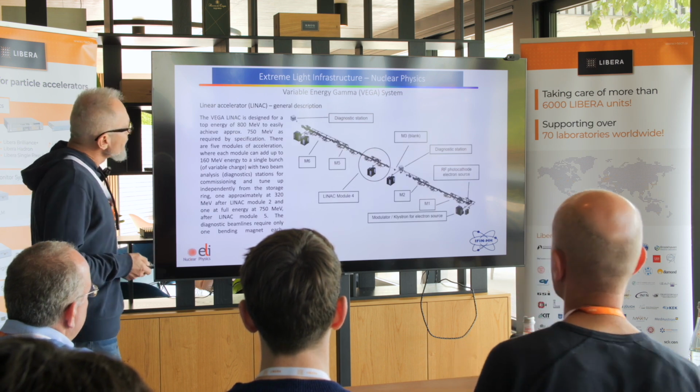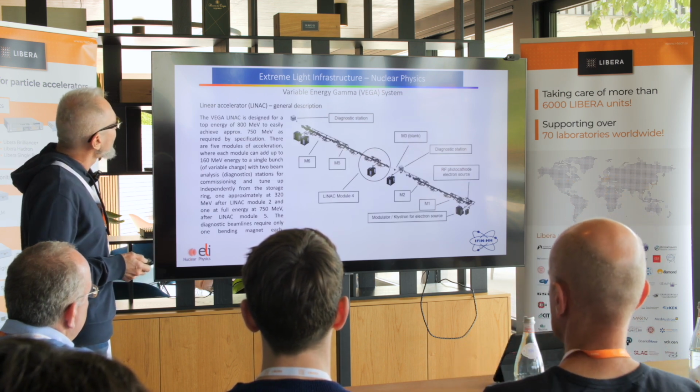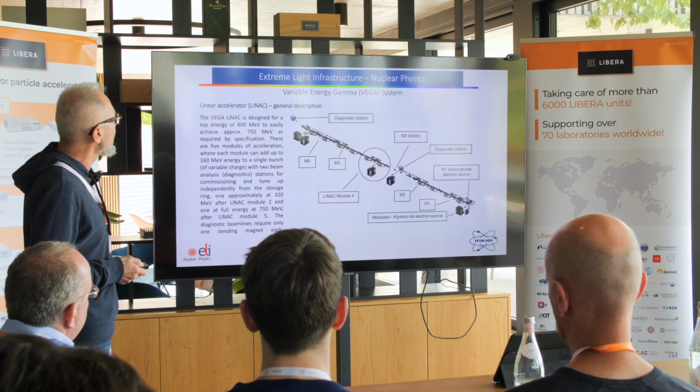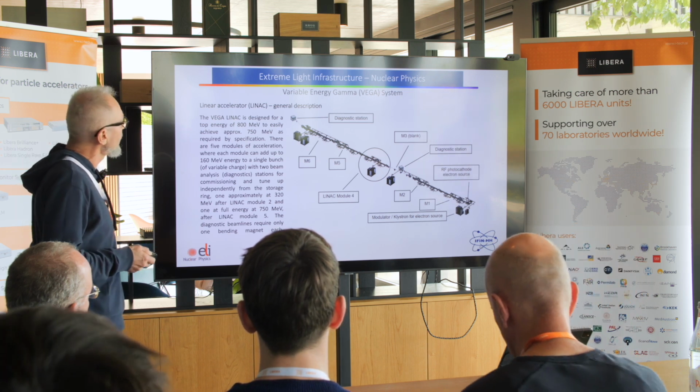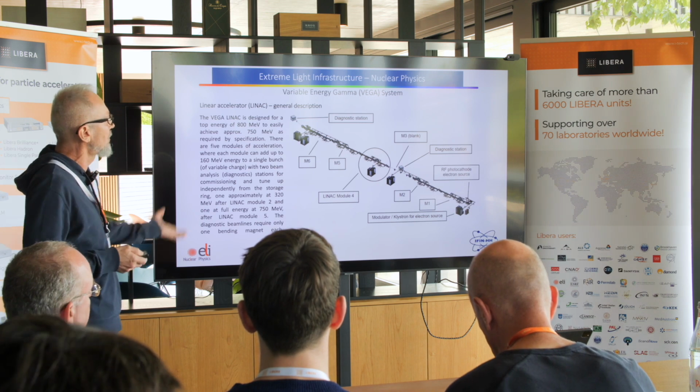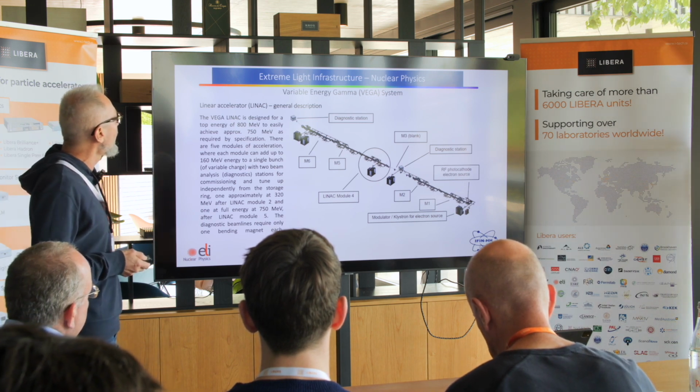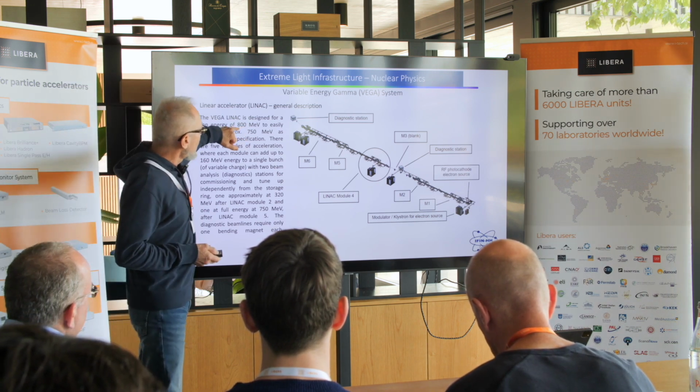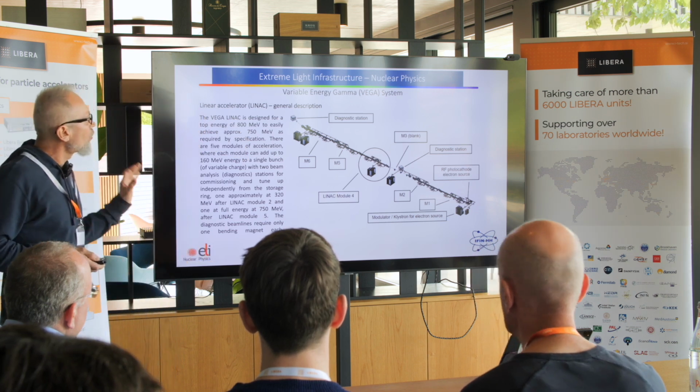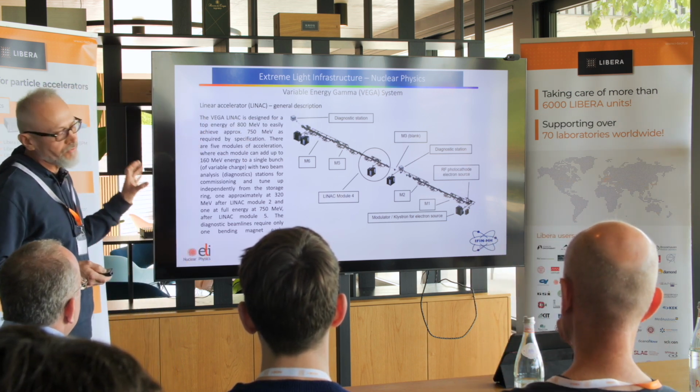Okay, let's continue with some information about the linear accelerator. As I told, this linear accelerator can charge the electron beam up to an energy of 800 mega electron volt. So how do we achieve this? We use 5 modules.